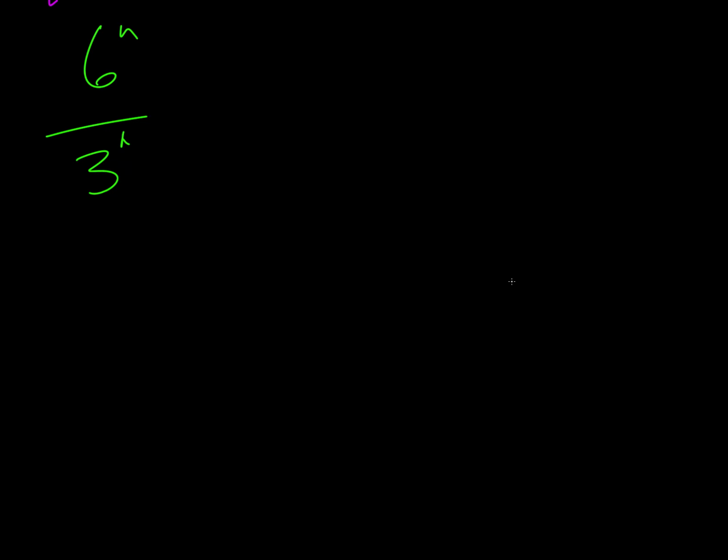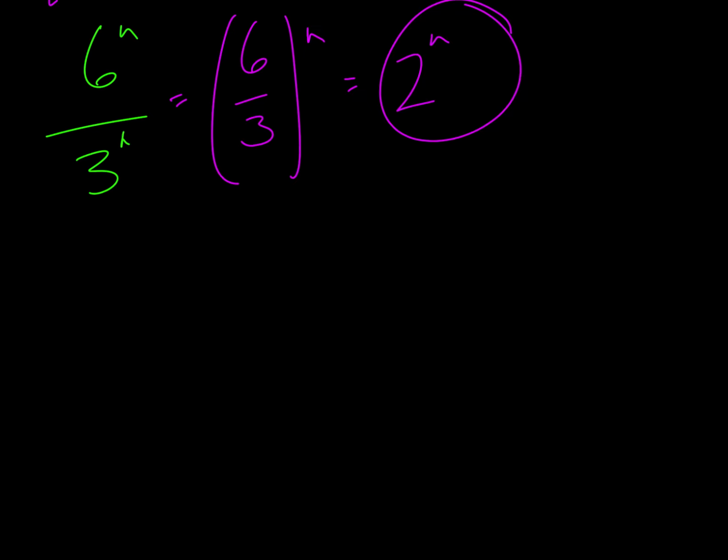The book actually offers 2 methods to do this, but I think the most intuitive is to view it like this, because we could distribute that n to the top and the bottom, and then if we just do simplification right here, we get 2 to the n. So that's how I would do it. You can look in the book for the other method. I think it's just way less intuitive.